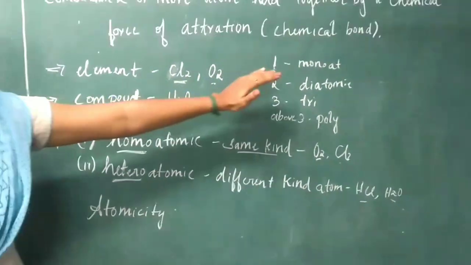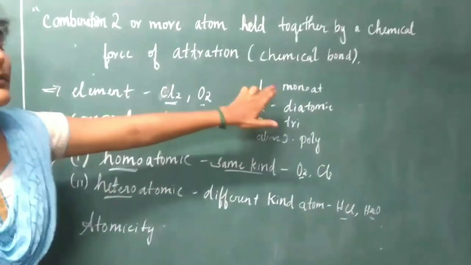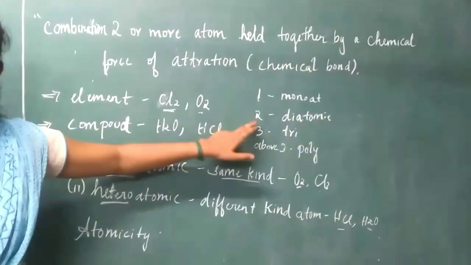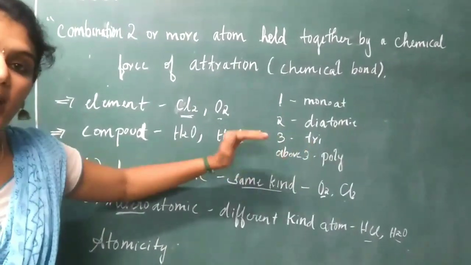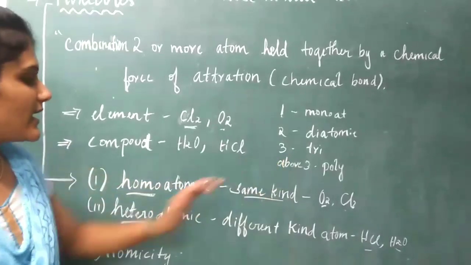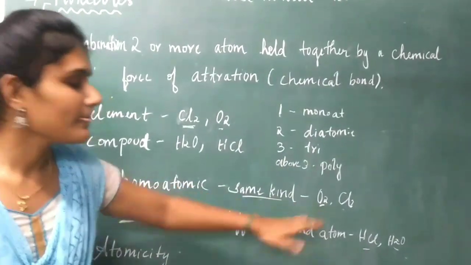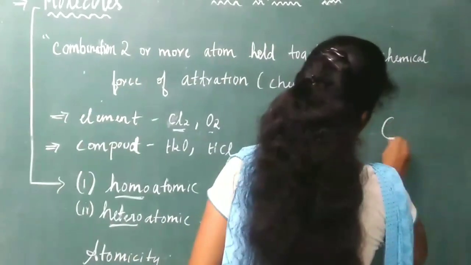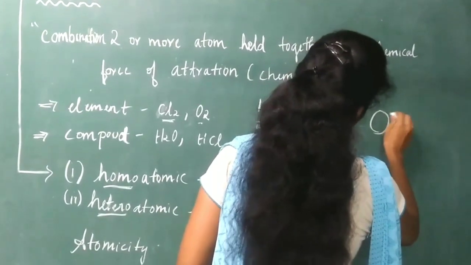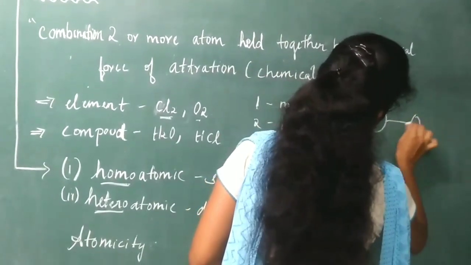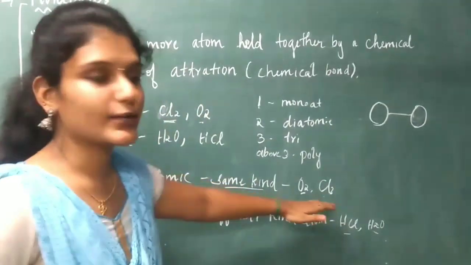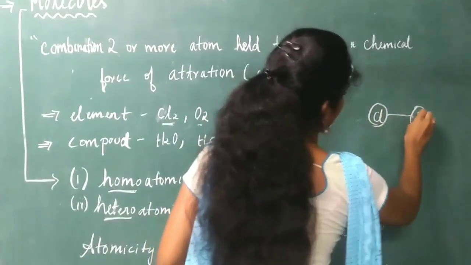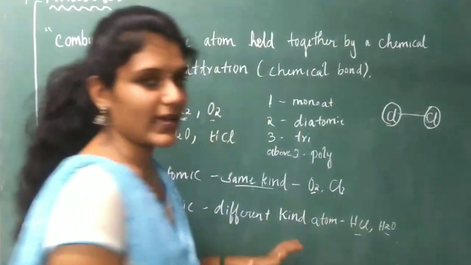So, if one atom is present in a molecule, then it is called monoatomic. If two atoms are present, it is called diatomic. If 3 are present, it is called triatomic. And above 3, it is called polyatomic. Let's take Cl2. In the Cl2 molecule, here one Cl, here one Cl, they are held together by a strong chemical bond.